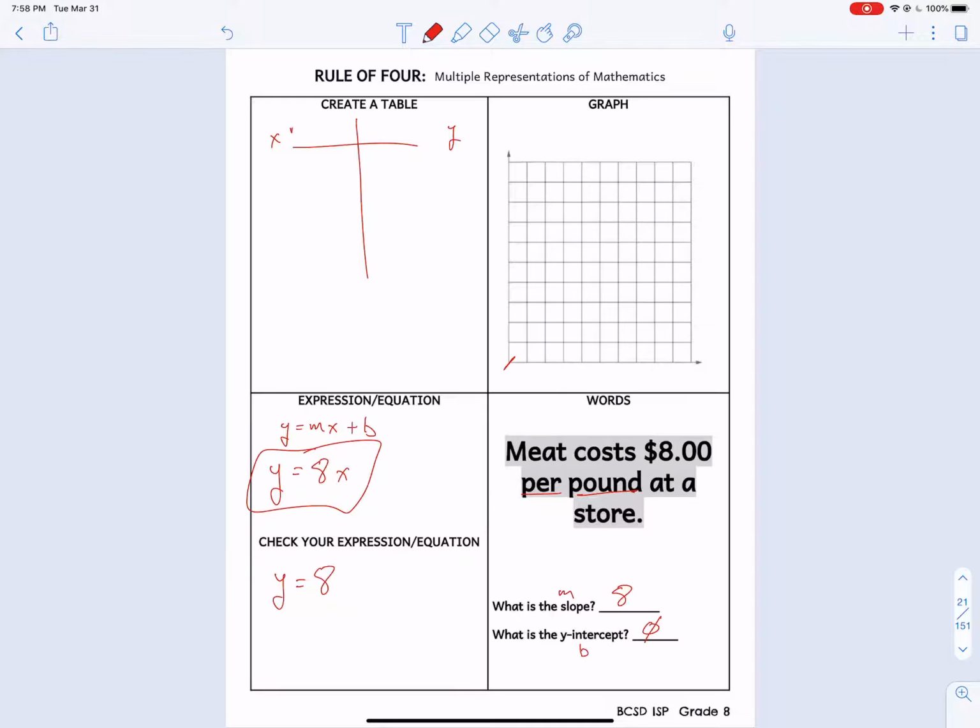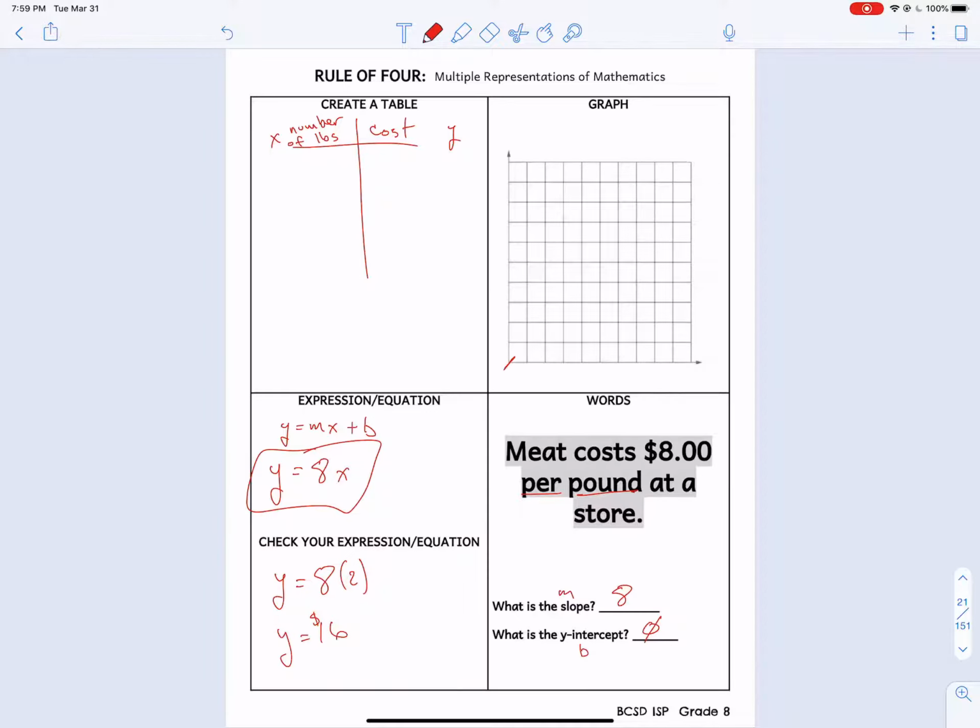So this is the number of pounds, and then this is the cost. So x is the number of pounds. I said 2 pounds. We substitute 2 in there, we get y equals $16. Okay, so that works.